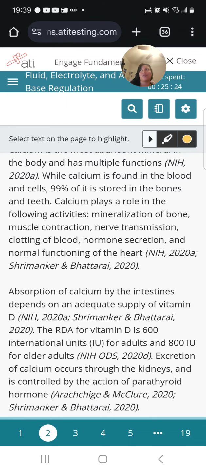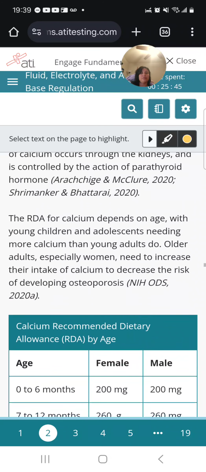But you need to do some weight-bearing activities to strengthen the bones and absorb it, I think anyway. Excretion of calcium occurs through the kidneys and is controlled by the action of the parathyroid hormone.